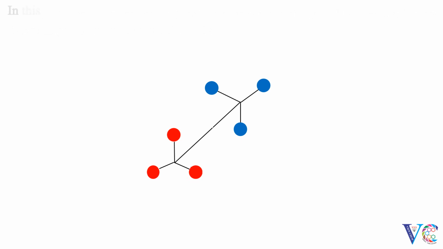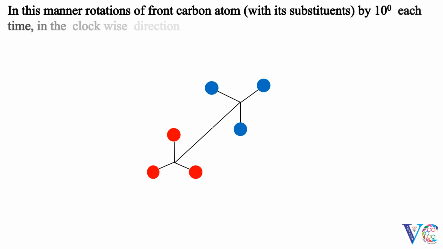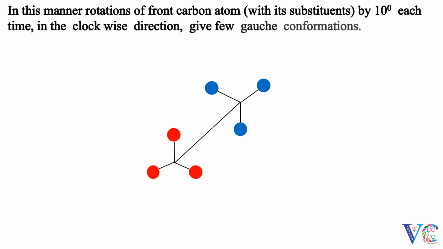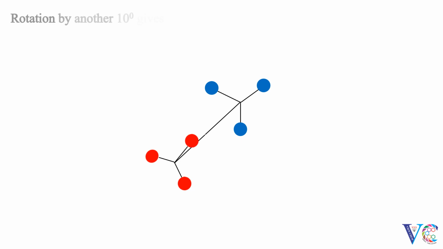In this manner, rotations of front carbon atom, with its substituents, by 10 degrees each time, in the clockwise direction, give few Gauche conformations. Rotation, by another 10 degrees, gives eclipse conformation.